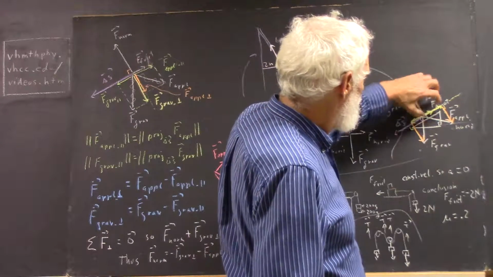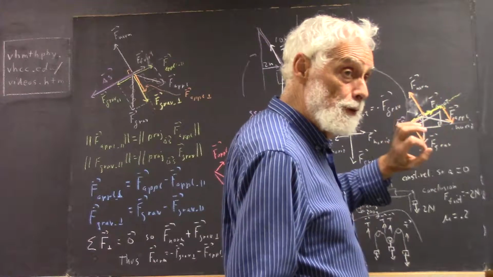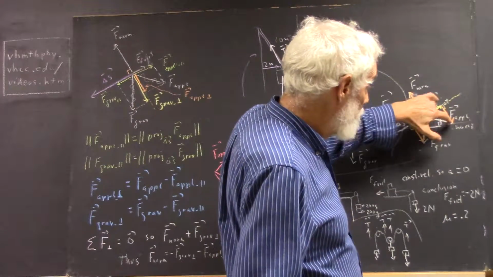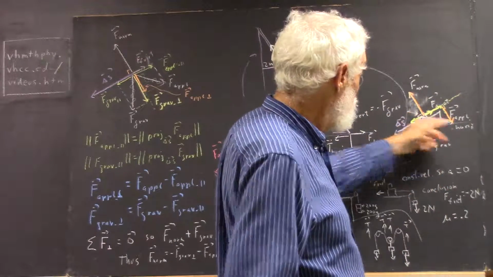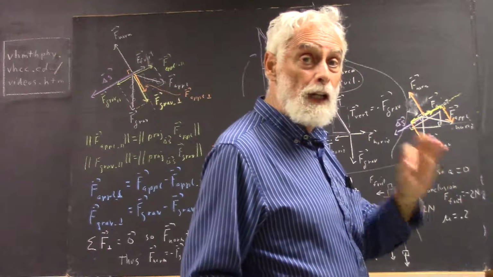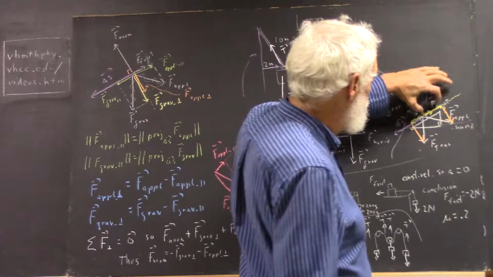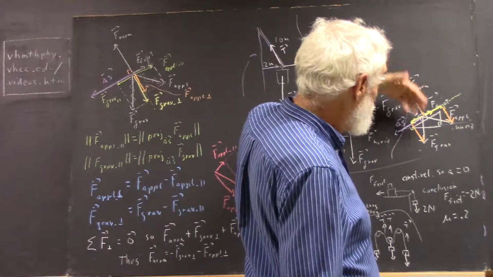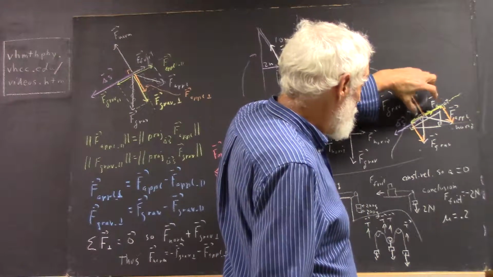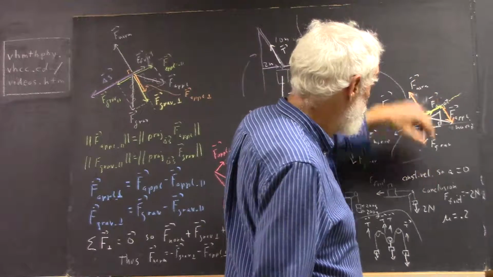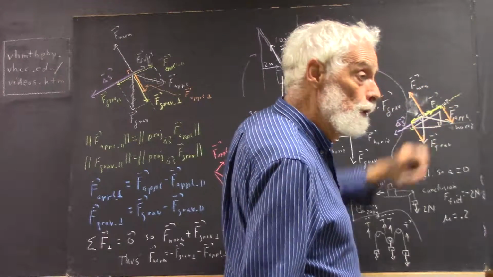So this component and this component add up to this vector. So this component and this component are completely equivalent to this vector. And we've only got F applied acting once, but with the picture here, if we include all the vectors that are now in the picture, we've actually got F applied twice. Once because we've got it here, and once because we have its two components.